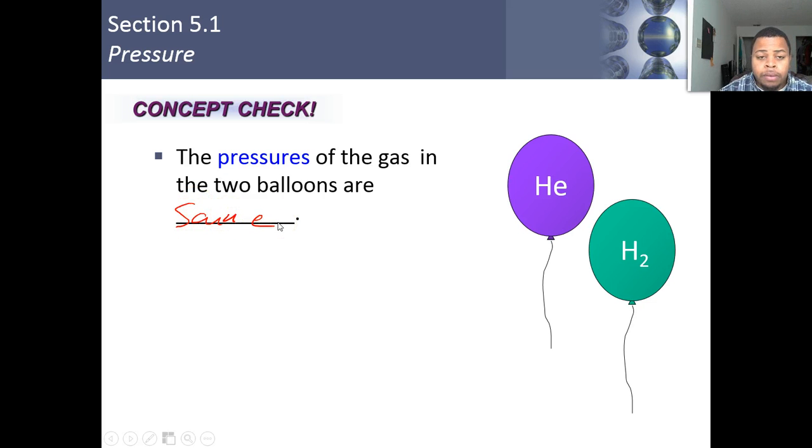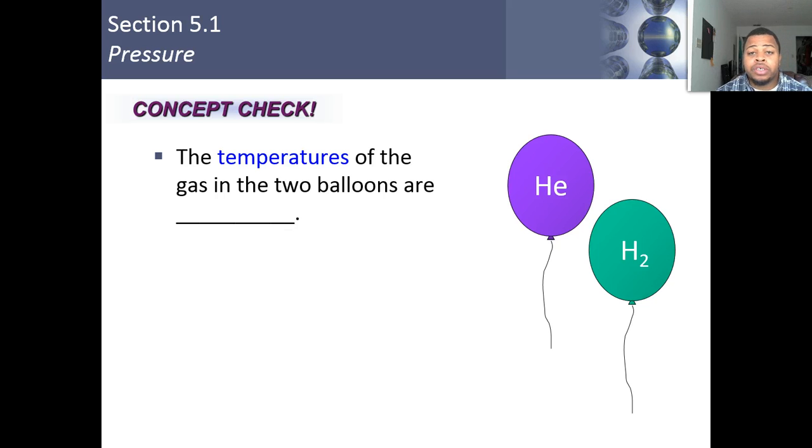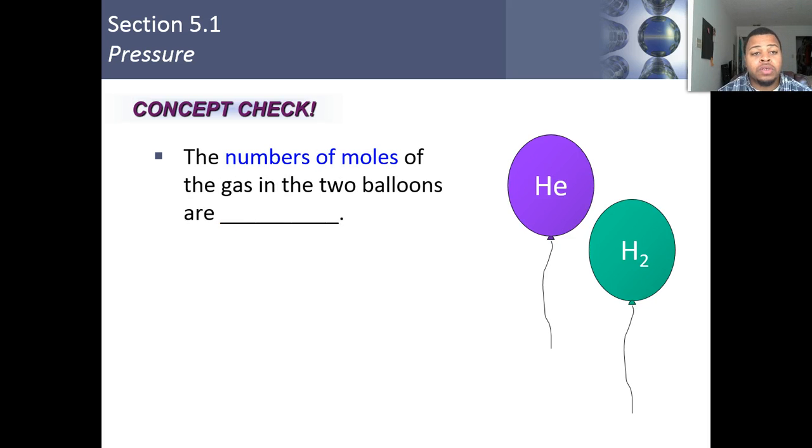Okay? Now, what about the temperatures? Well, if we understand what we just talked about for our kinetic molecular theory, if they have the same pressure, and they're the same size, most likely that means that they are the same temperature. Oops, that's not supposed to be temp, that's supposed to be same. Sorry about that, guys. All right, now, what about the number of moles?